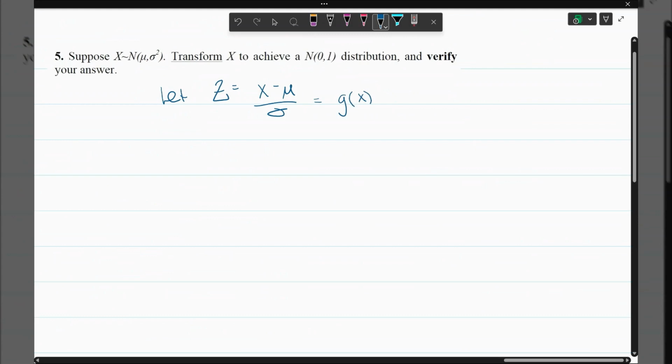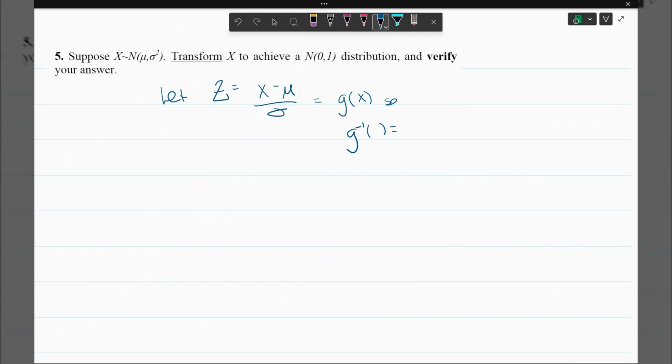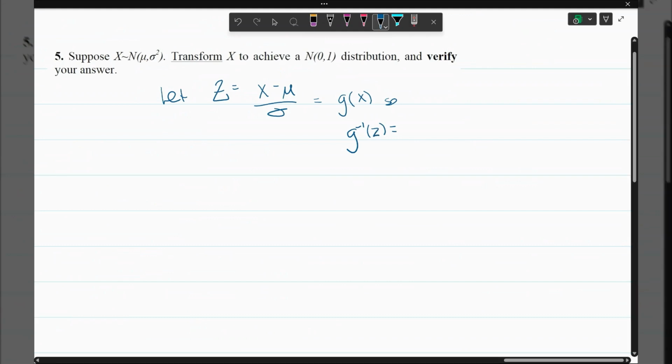Therefore, our g inverse of z is when we solve for x, right? Which is going to be mu plus sigma z.